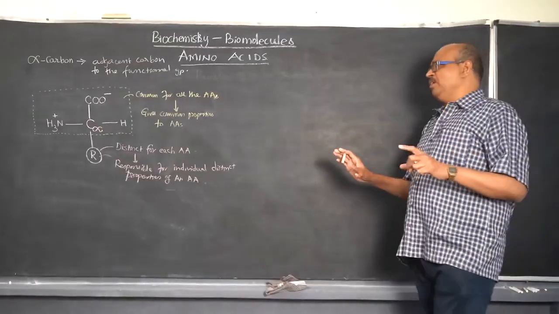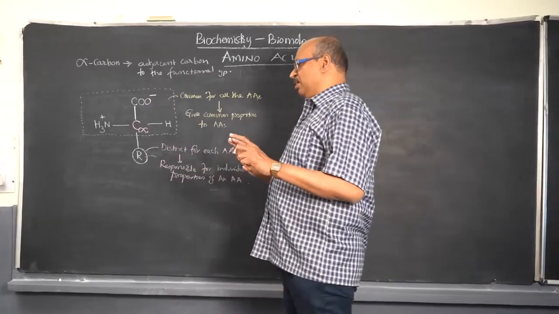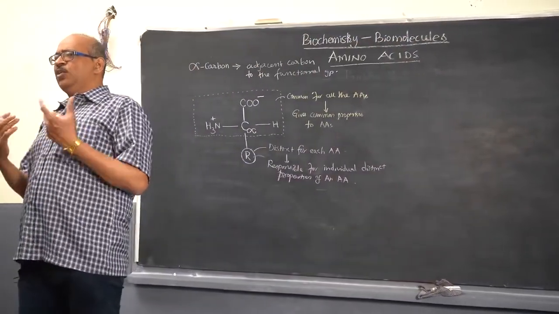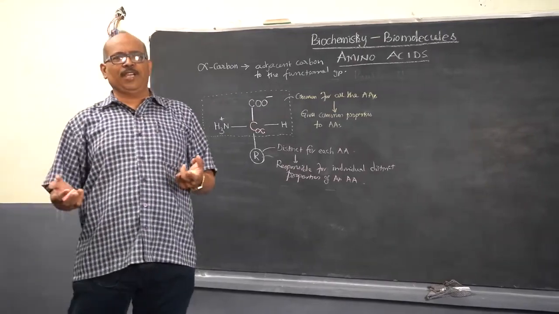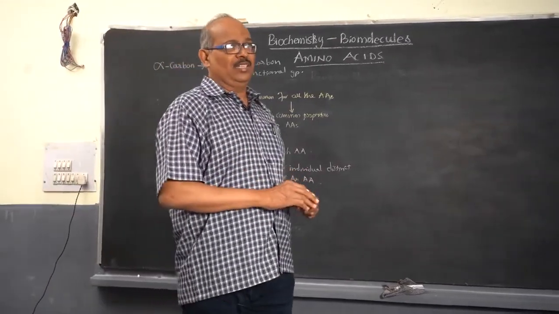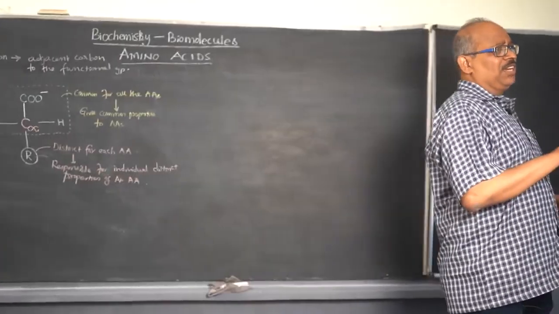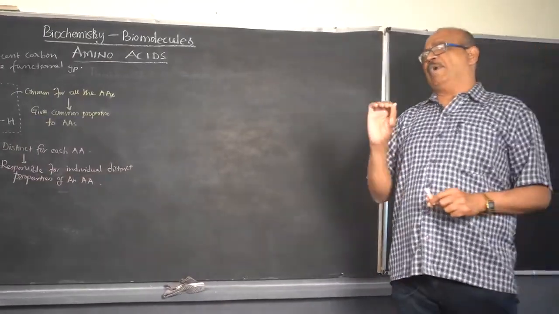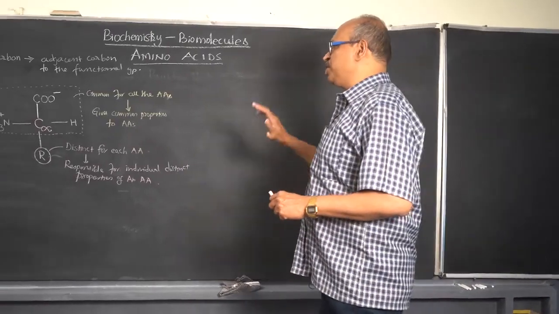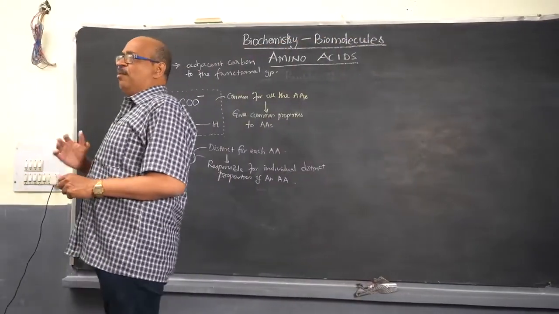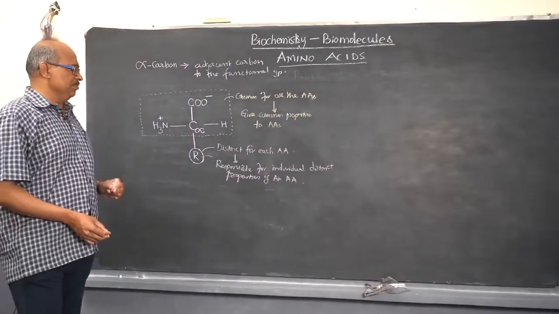The first one, the general groups which are common for all the amino acids. They give common properties to the amino acids. And the second one, the unique group, the side chain group, which is distinct for any given amino acid, and it is responsible for the distinct properties of each amino acid.